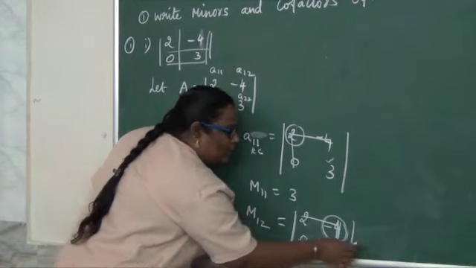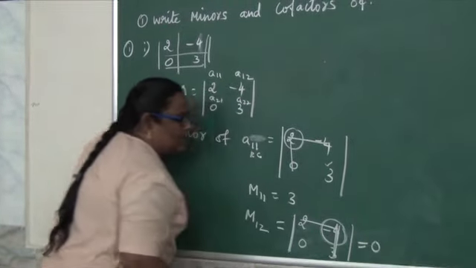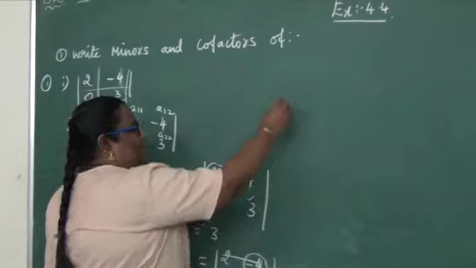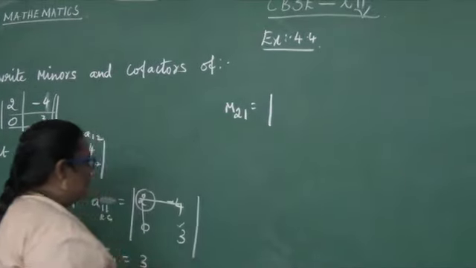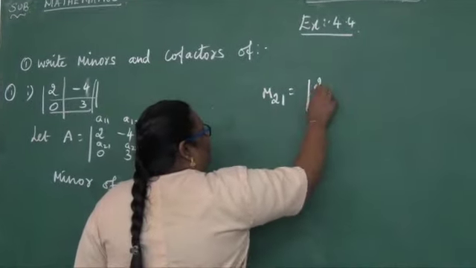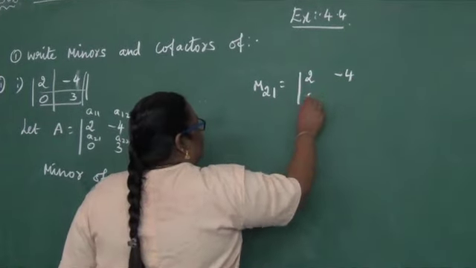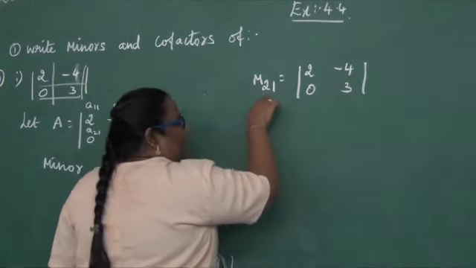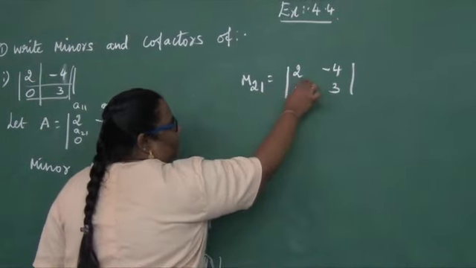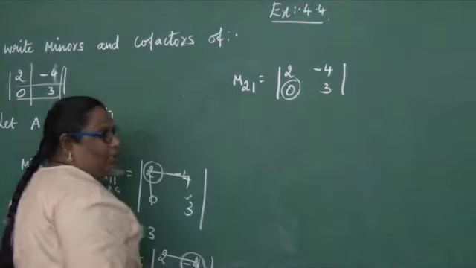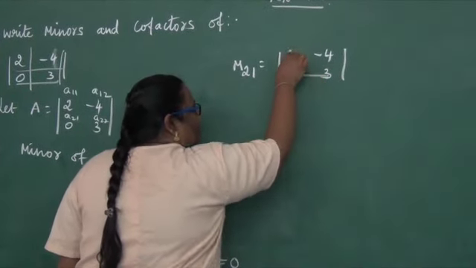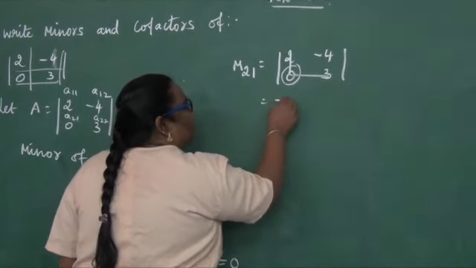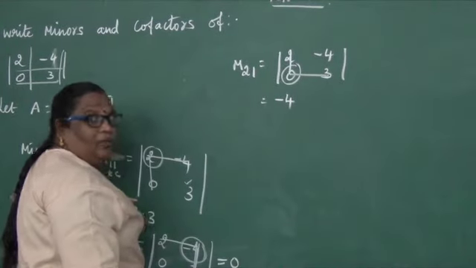What is the number left out? The number is 0. Then M21: second row, first column, this element. You delete that row and column. What is the number left out? It is minus 4.